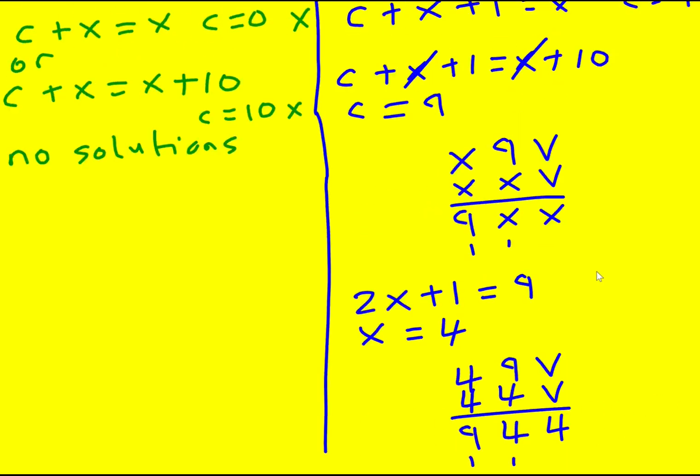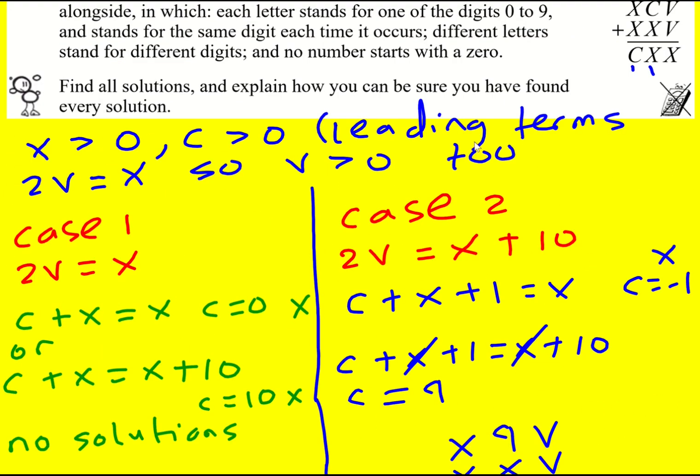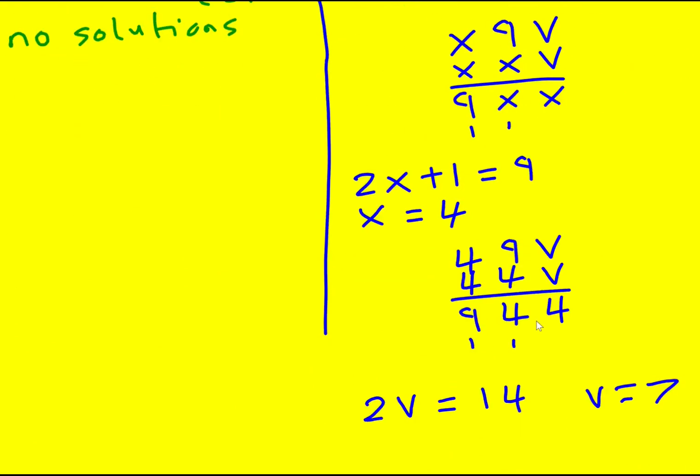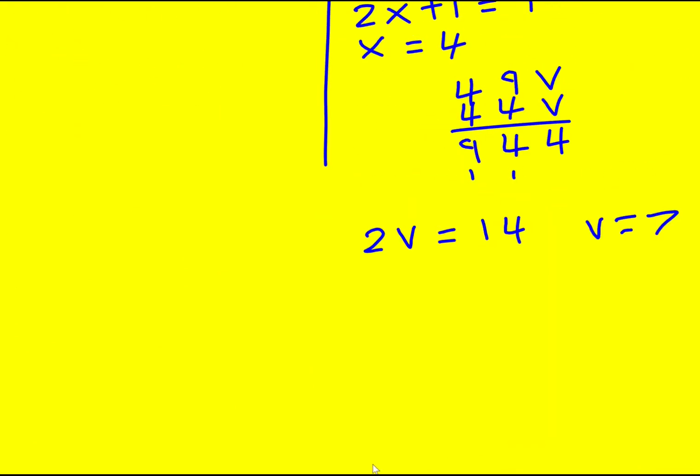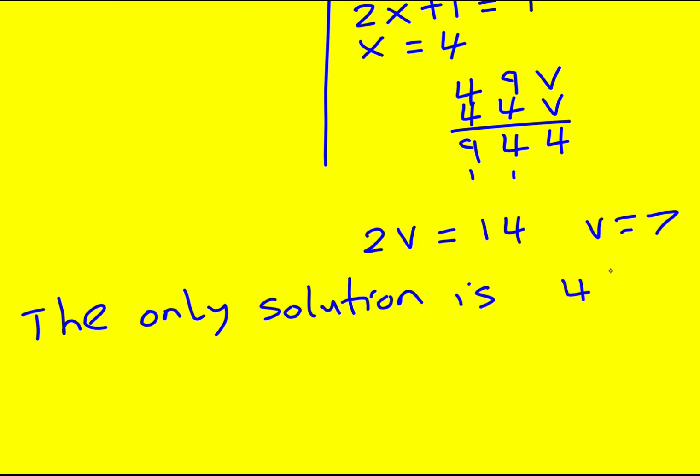And we've sorted it. So what does the question say? Find all solutions. So the only solution is 497 plus 447 is 944.